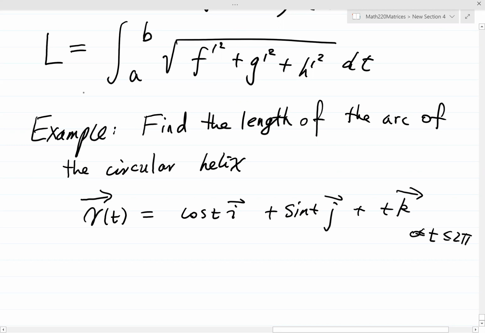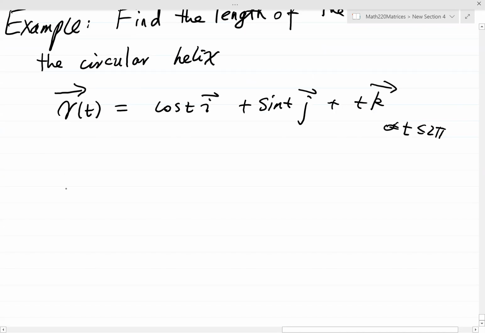Then we find the arc length differential ds. Now take the derivative component-wise. Cosine t gives us negative sine t, and we square it. Sine t gives us cosine t, squared.